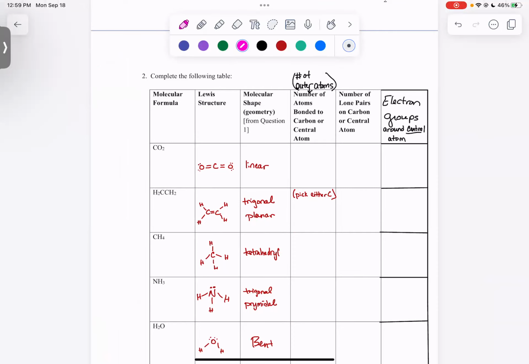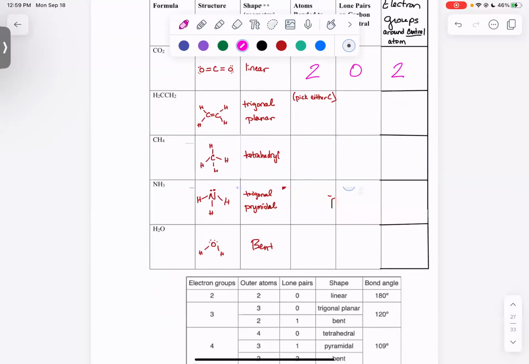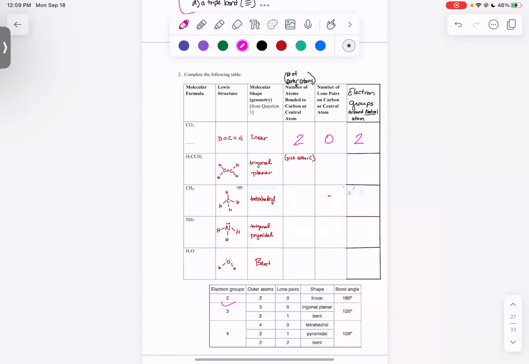We said there are 2 electron groups around my central atom, I have 0 lone pairs, and I have 2 outer atoms, and therefore I am linear. And that works here, because if you had 2 electron groups, 2 outer atoms, 2 lone pairs, you're linear. So all you're doing here is filling back in what we did before by just circling things.